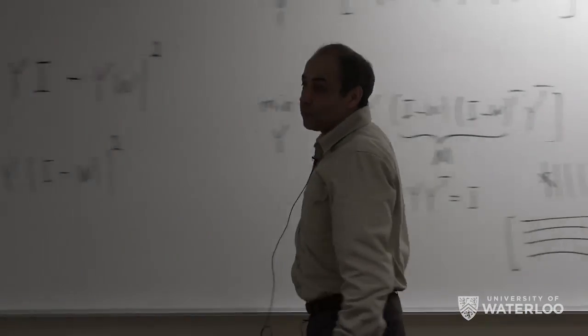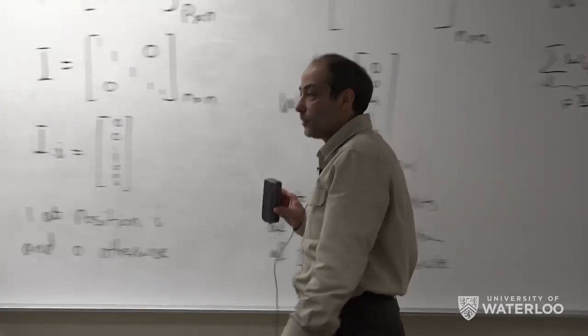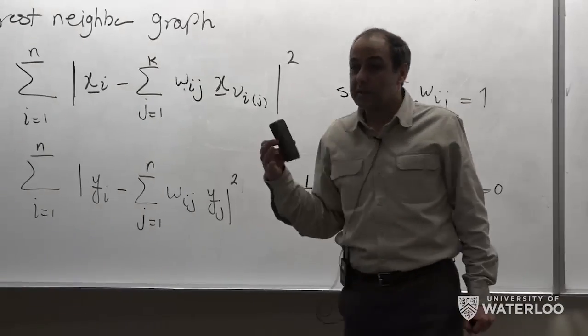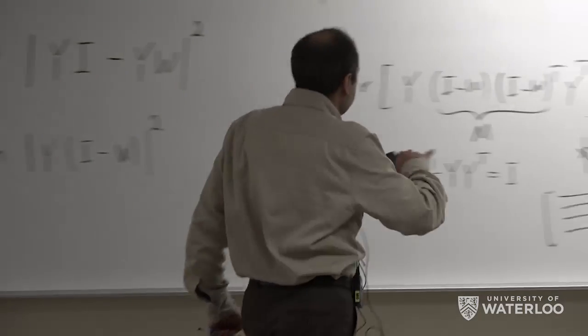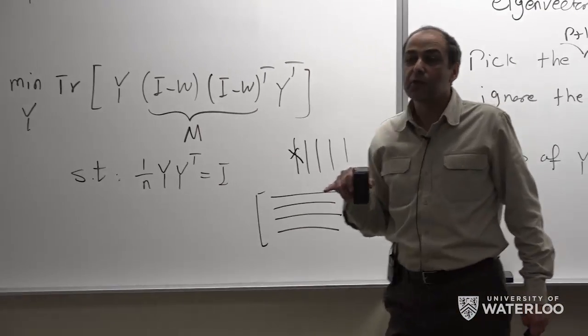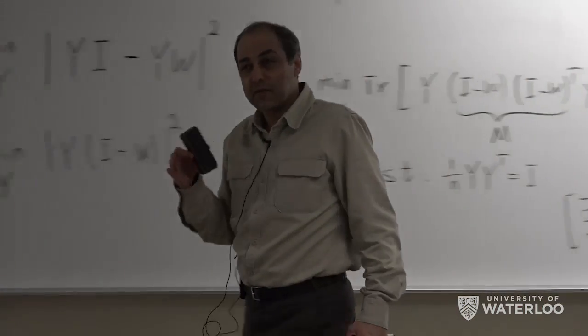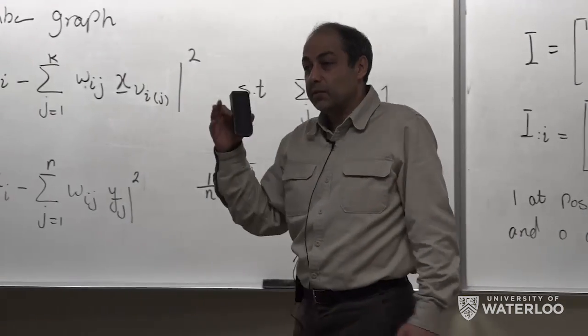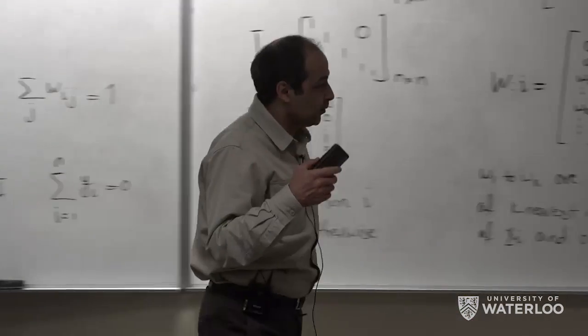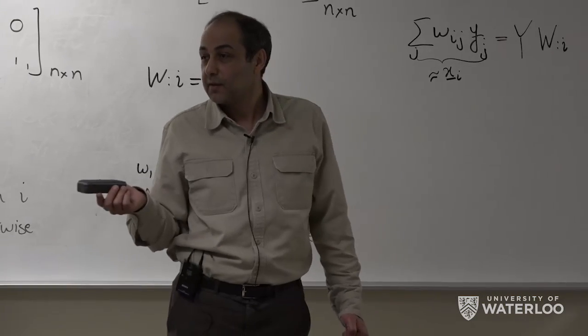Okay, so we know how to solve LLE now. LLE is basically eigendecomposition of this matrix. So far, all methods for dimensionality reduction that we had were in the form of eigendecomposition. PCA was eigendecomposition of the covariance matrix.